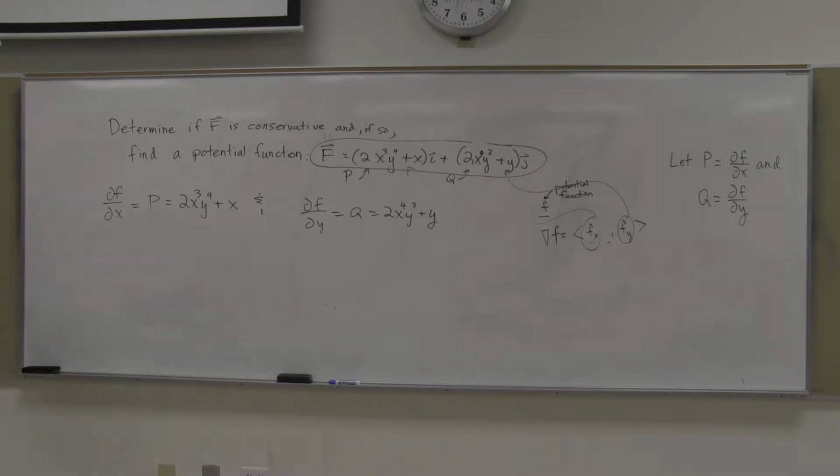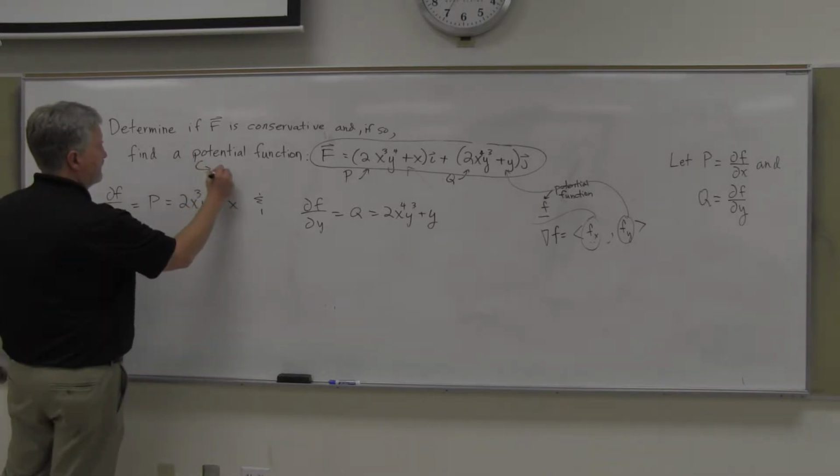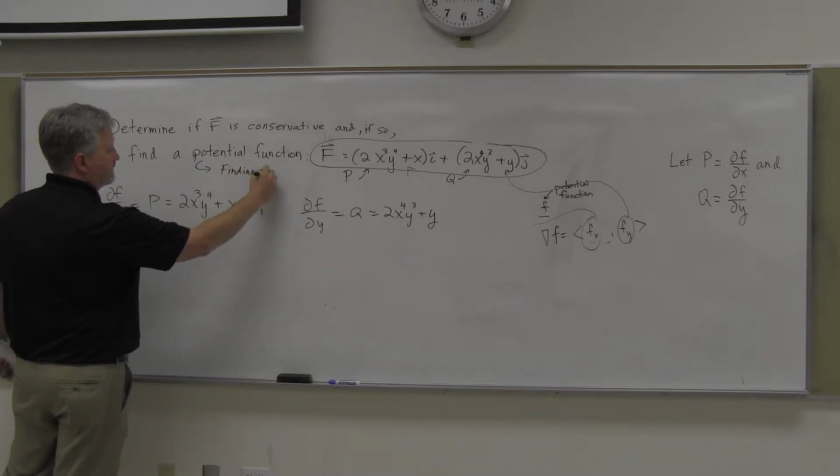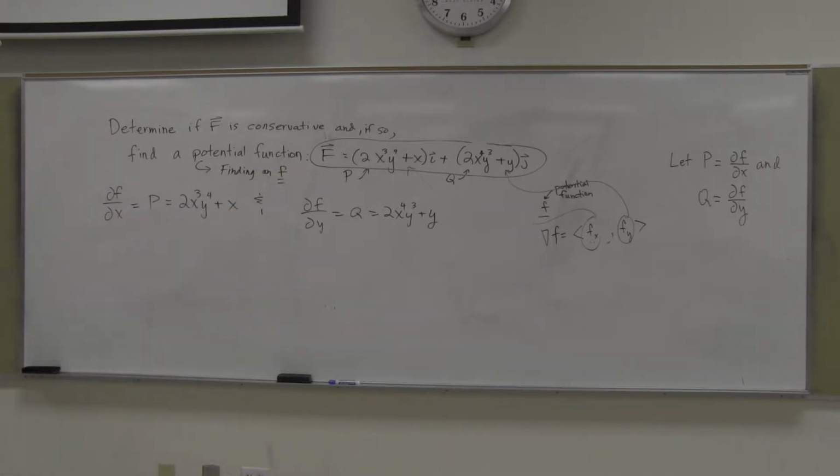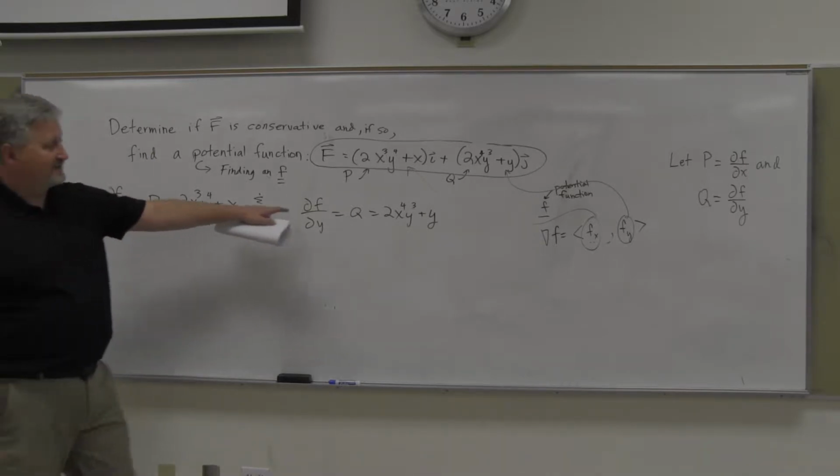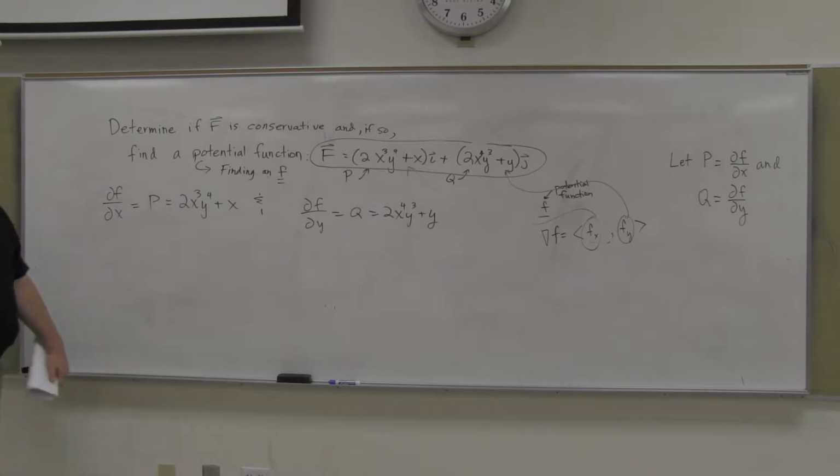So our goal here, find a potential function. We're finding an f, a little f. This is what we got. We got the partial of f with respect to x, and we got the partial of f with respect to y. How are we going to get back to f? Well, basically, what we're going to do here is, and you can use either one for this. If we use this one, in this case I don't think it'll matter.